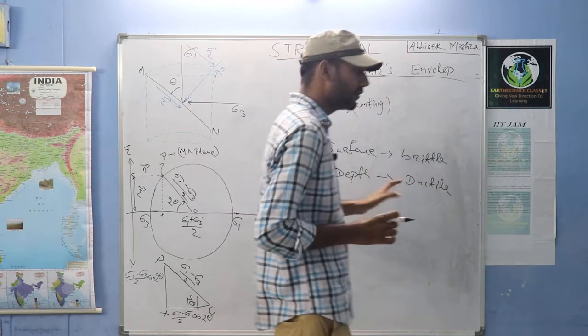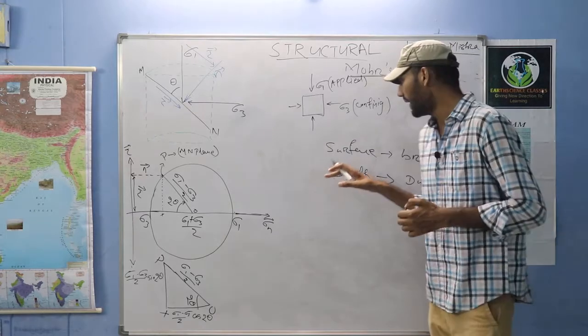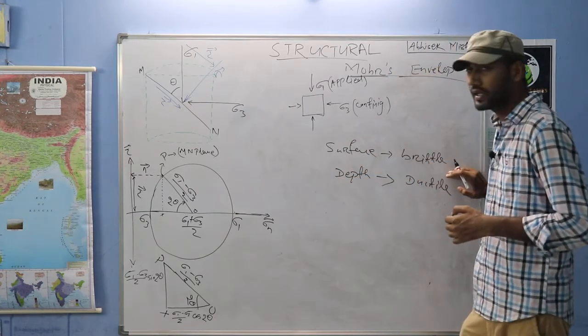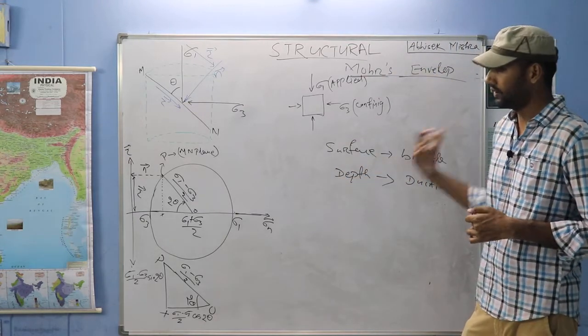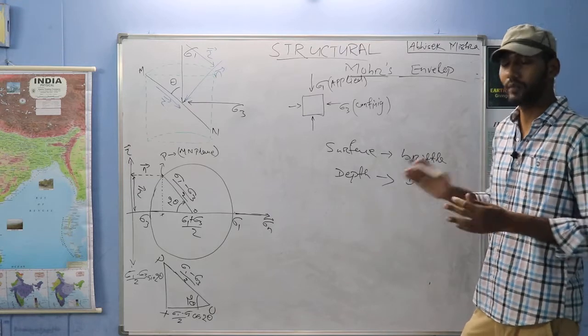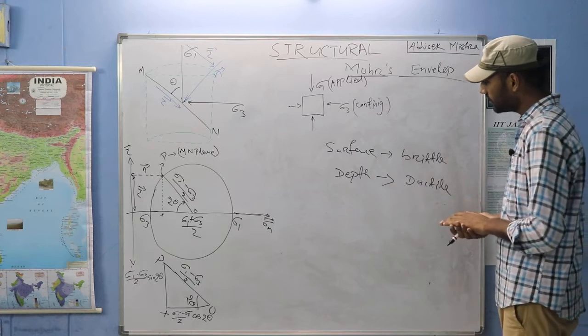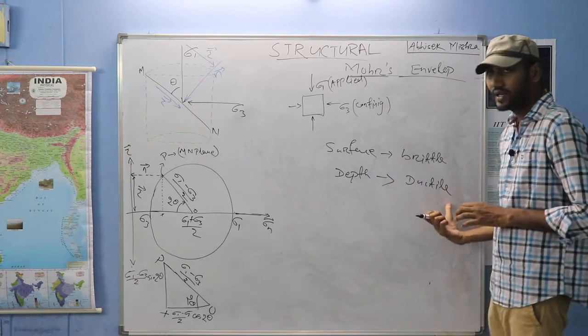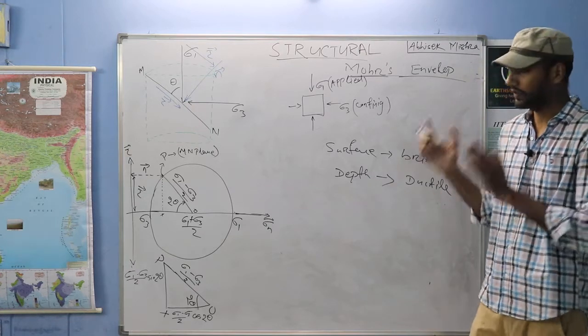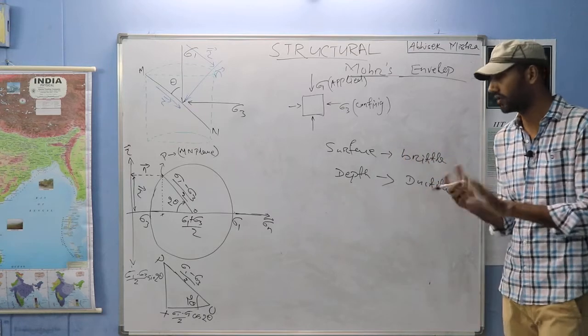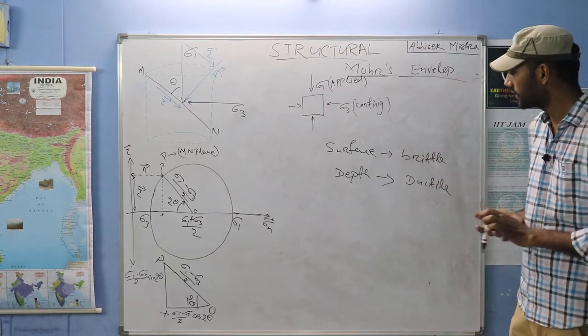When it is at the surface, it behaves like a brittle substance. That means it will not undergo any plastic deformation. After elastic deformation, it will break down, and then at depth, it will behave as ductile. That means elastic, plastic, and then rupture. It will attain 3 stages. I have already told you these things.